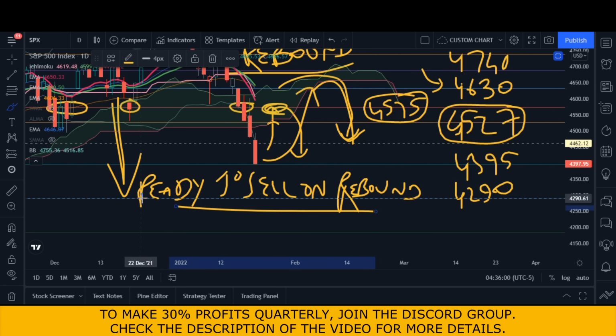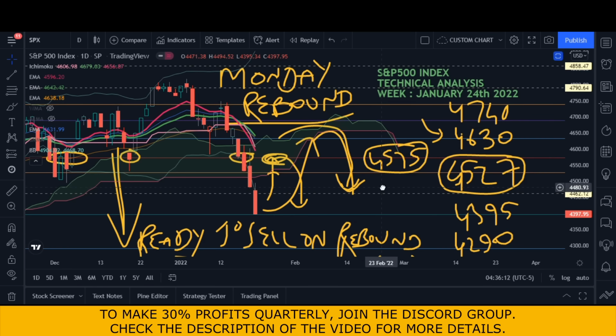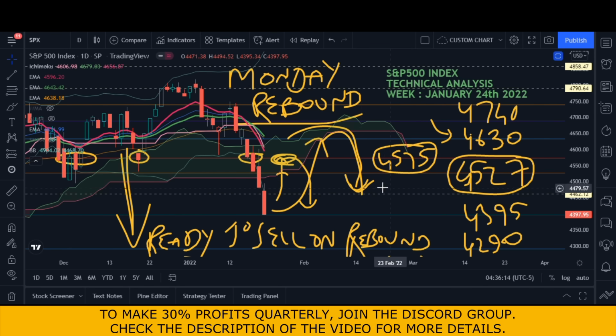This is basically the idea. Rebound basically means the lower high. It is not a higher low, but a lower high. This is what you should be aware of, because the bubble is expected to burst.